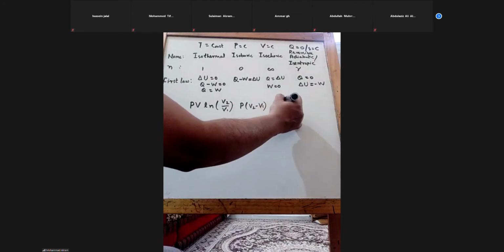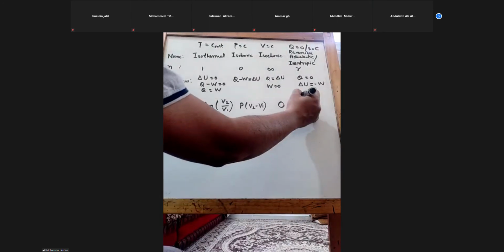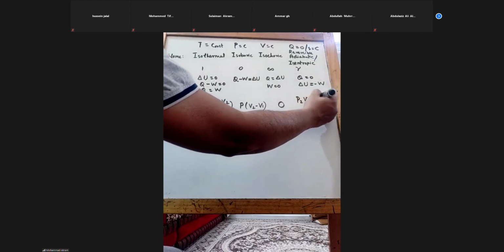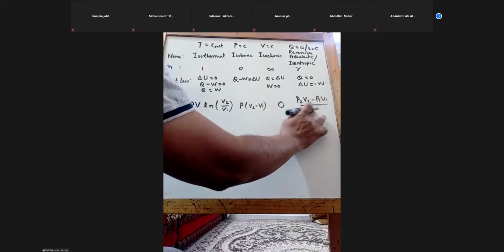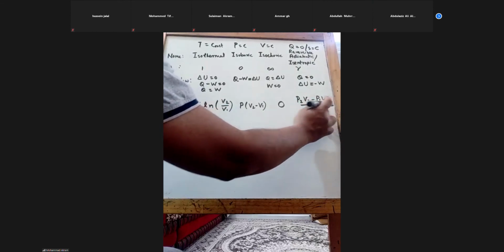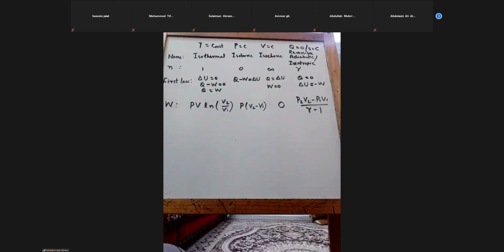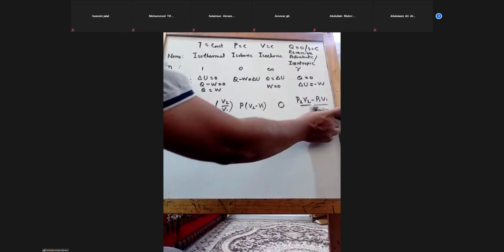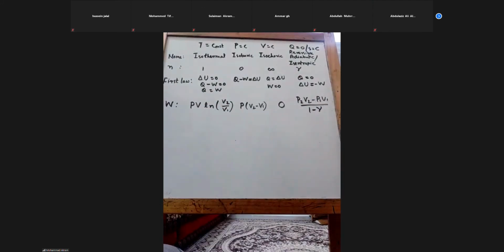Here it is 0. Isentropic process, I have not given, this is new: P2 V2 minus P1 V1 divided by n minus 1, n is gamma here. Gamma minus 1, or you can write 1 minus gamma, change the sign. Gamma is usually 1.4.